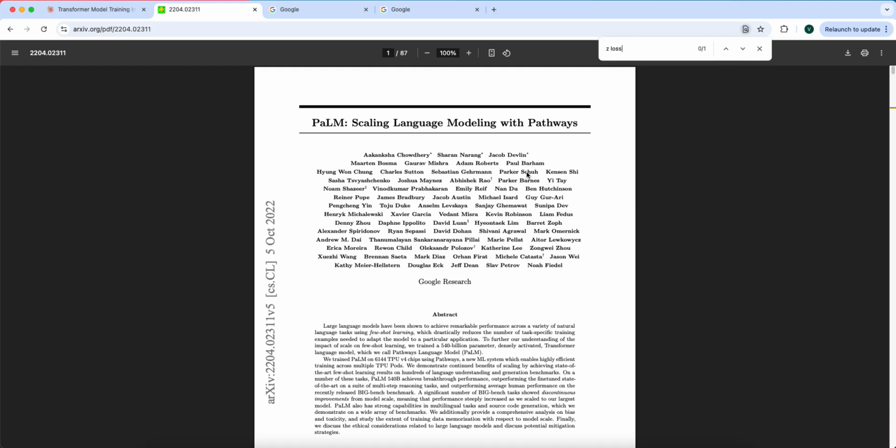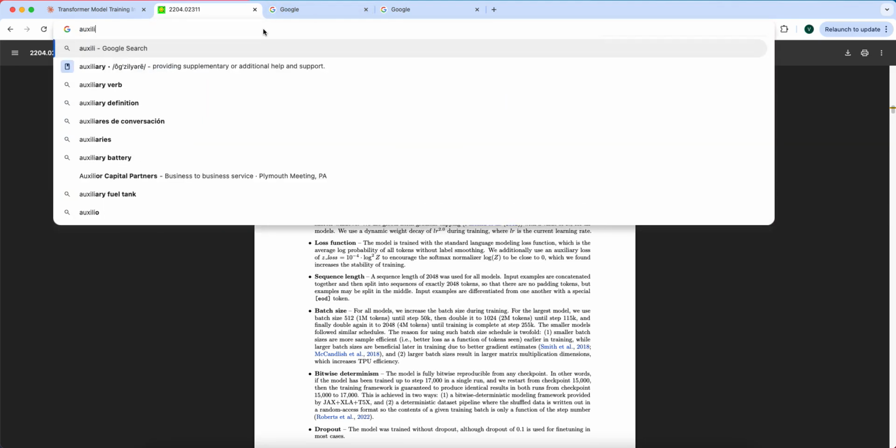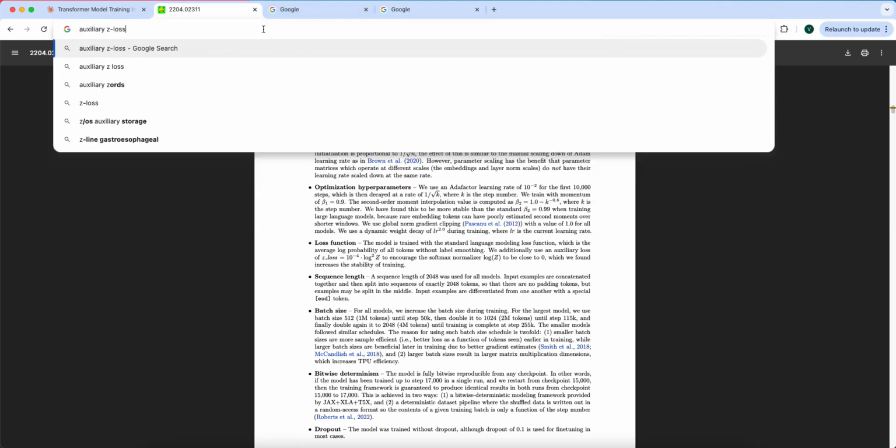Z loss, auxiliary loss of z loss, log squared z to encourage the softmax normalizer. Okay, let's say auxiliary z loss.